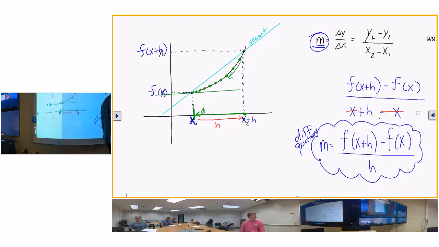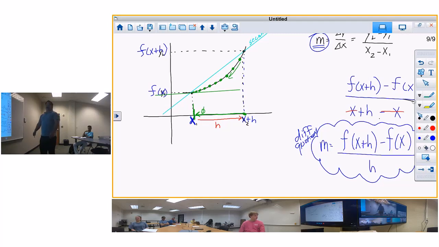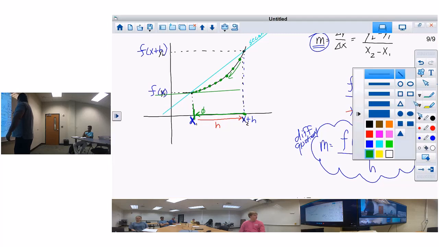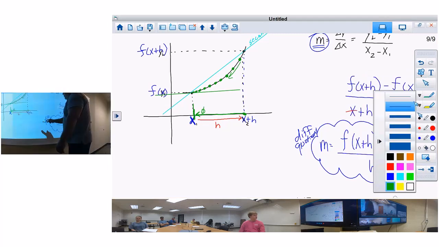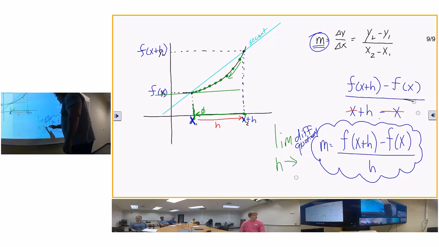So what I do to get the equation for the tangent line, the green line, is I apply the limit theory, limit as h approaches what?